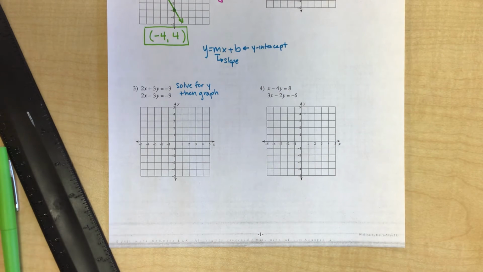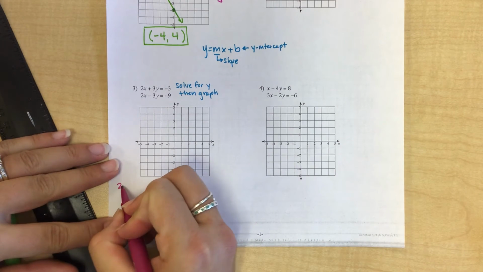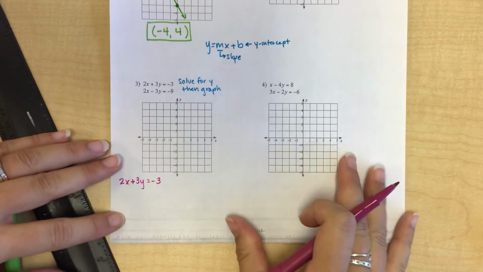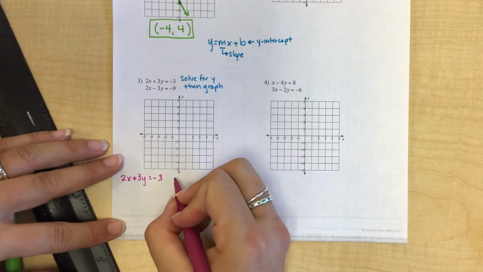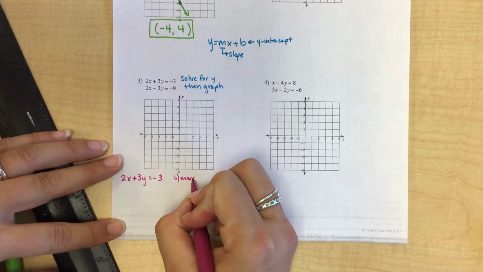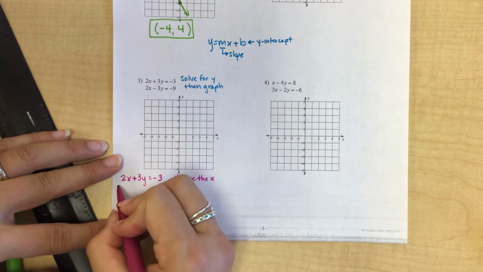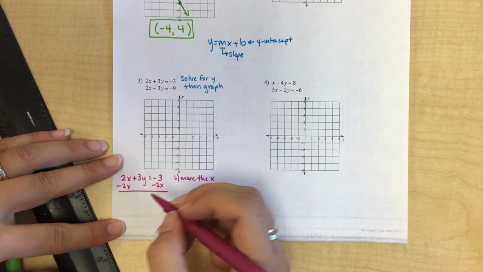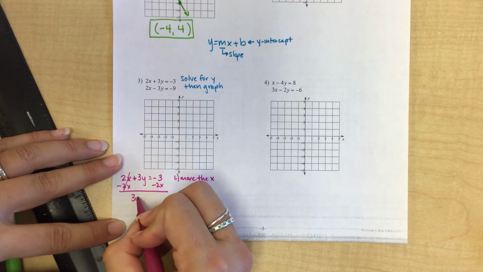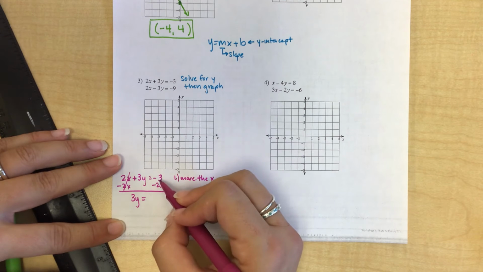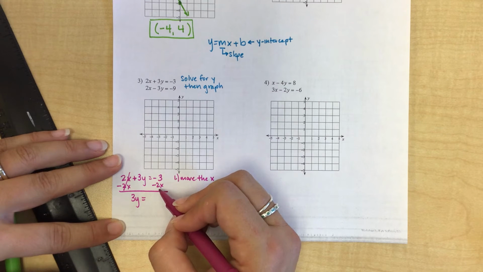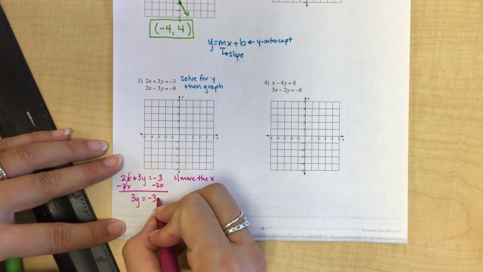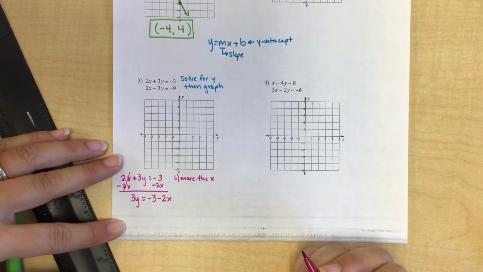Okay, so I'm going to do that right below here. On this first equation, I have 2x plus 3y equals -3. So my first step is going to be to move the x. So I'm going to subtract 2x from both sides. These cancel, so then I have 3y equals -3 and -2x, which I cannot combine because they're not like terms. So I'm just going to write this as -3 minus 2x.